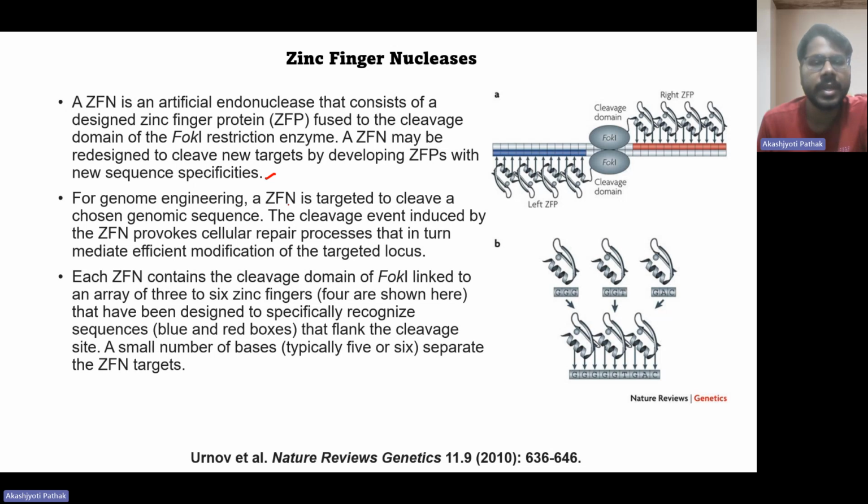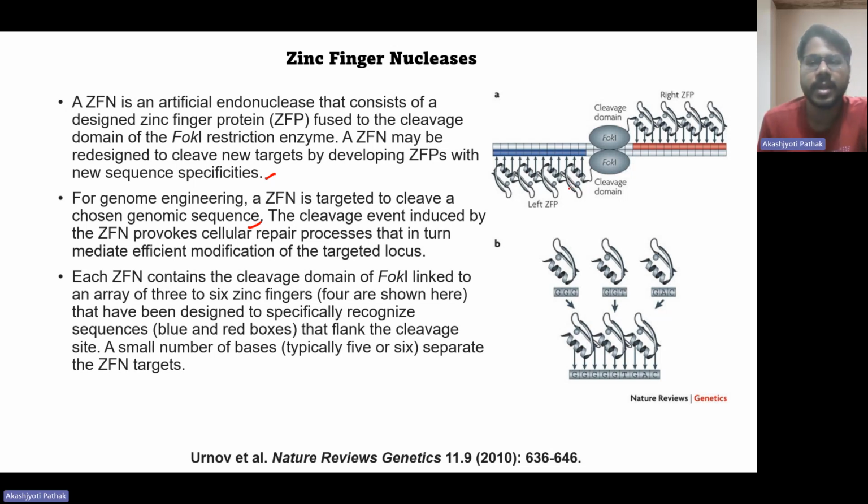Now, for genome engineering, a zinc finger nuclease is targeted to cleave a chosen genomic sequence. That is your goal or aim. The cleavage event induced by the zinc finger nuclease provokes cellular repair processes that in turn mediate efficient modification of the target locus. Once you get a double-stranded break, the repair mechanism of the cell will start to function.